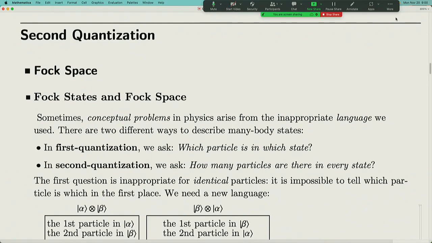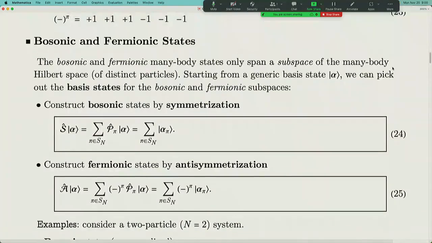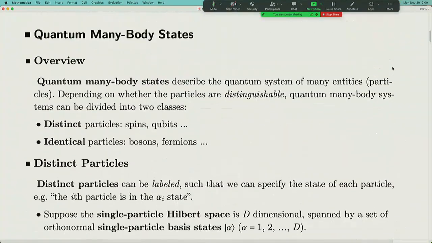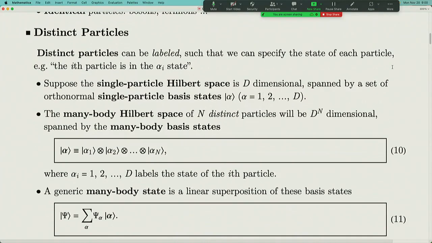So maybe first let me recap that in quantum many-body systems, we want to describe systems of many particles, and the first way we describe it is when the particles are distinct, then we basically use the idea of tensor product to describe the state of the system, because when the particles are distinct, you can label them, or you can ask what is the state of the first particle, the second particle, and then you put their states together and tensor product them into the system state. So that's the idea, and that's the notation there.